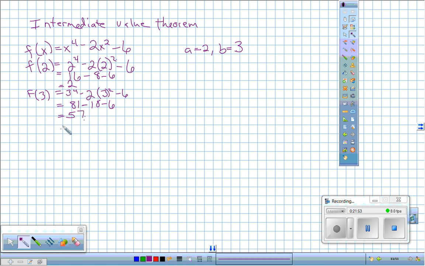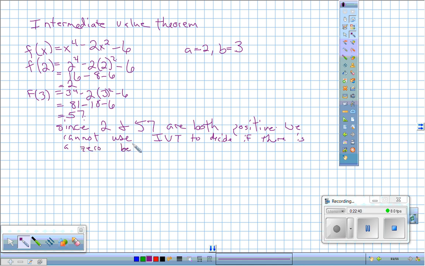Since there's no sign change, you'll basically write: since 2 and 57 are both positive, we cannot use the intermediate value theorem (IVT) to decide whether there is a 0 between 2 and 3.